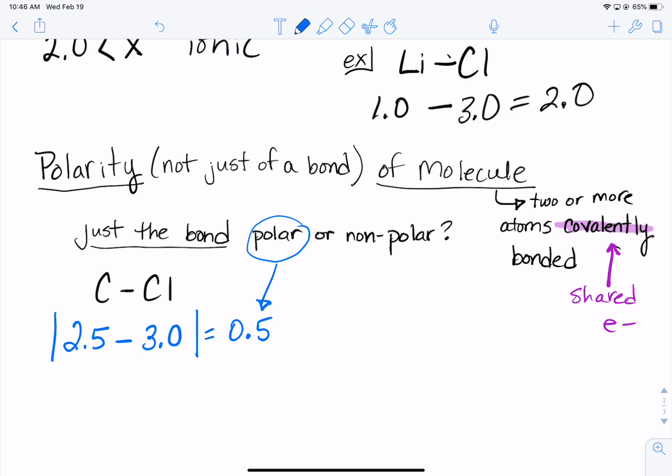And when we're talking about polar, we're meaning that chlorine wants the electrons a little bit more. So when you're looking here, chlorine wants the electrons more.